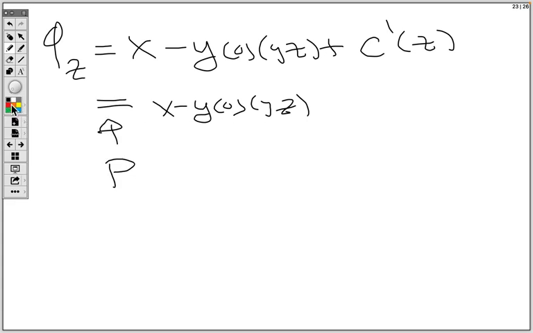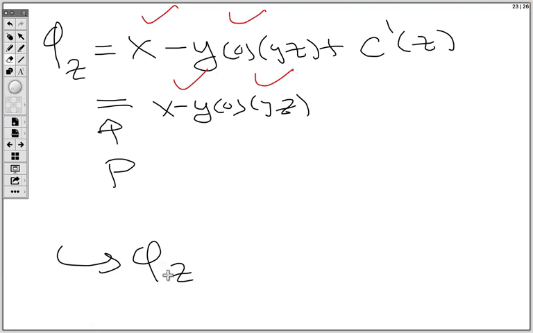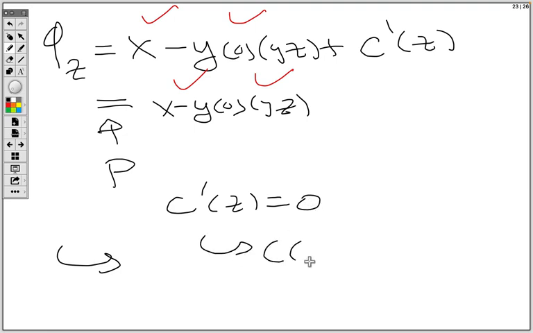And so once again, I've got all these terms present and accounted for. So you're going to get c prime of z to be 0, which means c of z is just a constant.